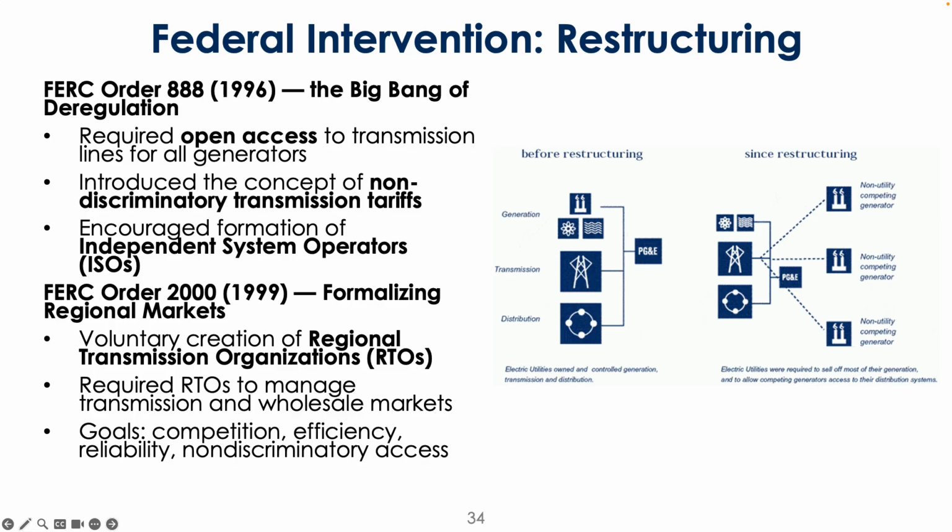I guess technically they still own the nuclear plant, I believe. So the vast majority of generators were sold off, and so PG&E is now more of a wires utility. They own much of the transmission system and much of the distribution system.